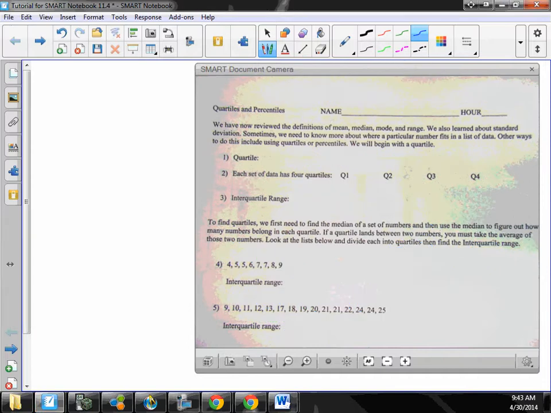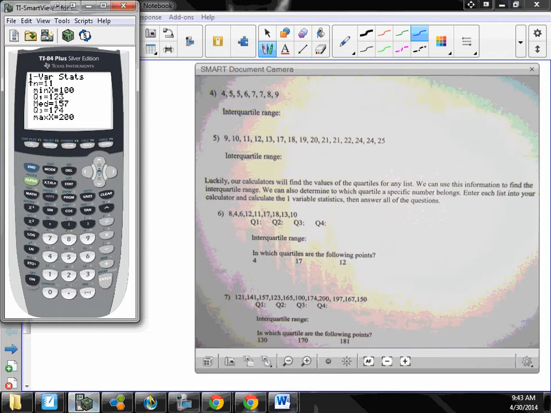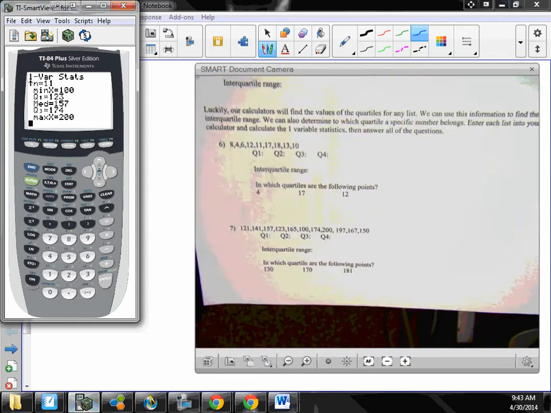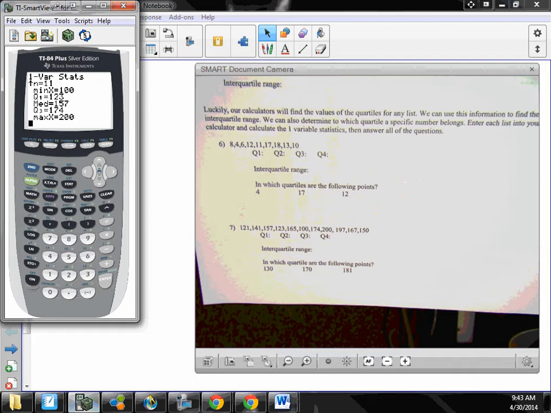So if you look at the next problem down, let's put number 6 in our calculators. Edit. And the list is not in order, but the calculator doesn't care. You can put them in any order you would like.